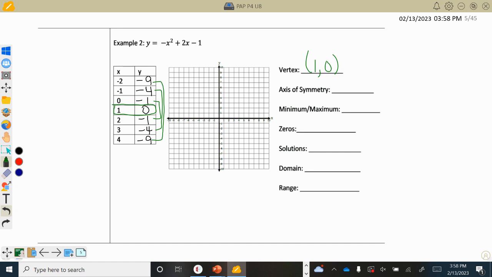Okay? If I graph my vertex, it's right there on the x-axis. Okay? I remember this one right here, this is going to be my axis of symmetry. Okay? So x equals 1.